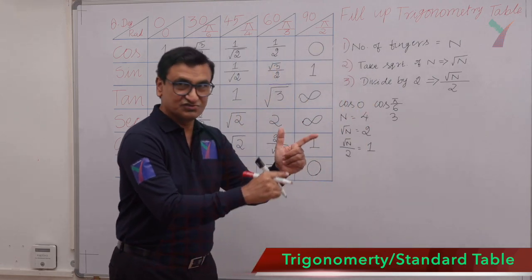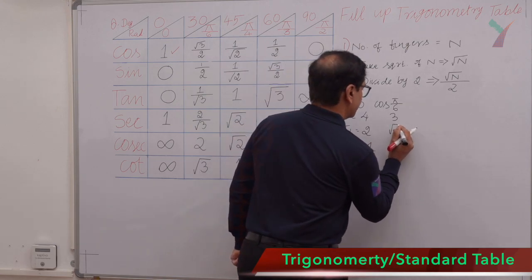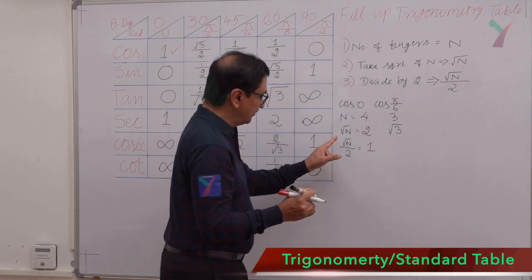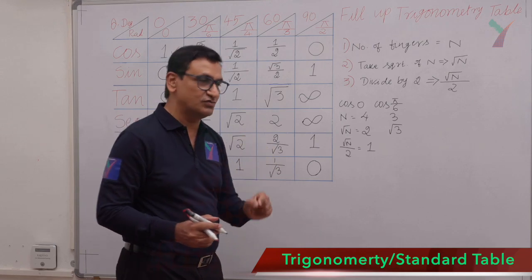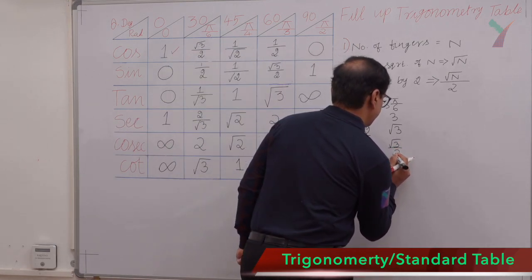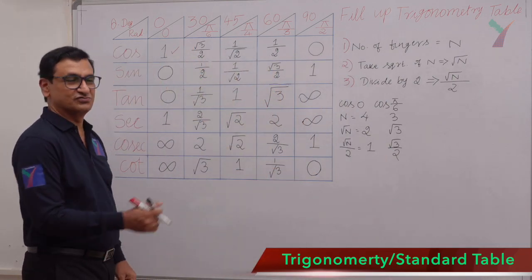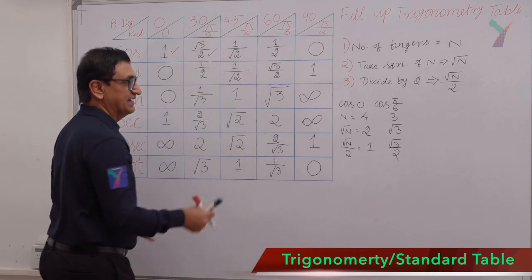N equals 3. Square root of n is square root of 3. And square root of n by 2 is square root of 3 by 2. Does this tally? Square root of 3 by 2, square root of 3 by 2. Yes, the tally is done.